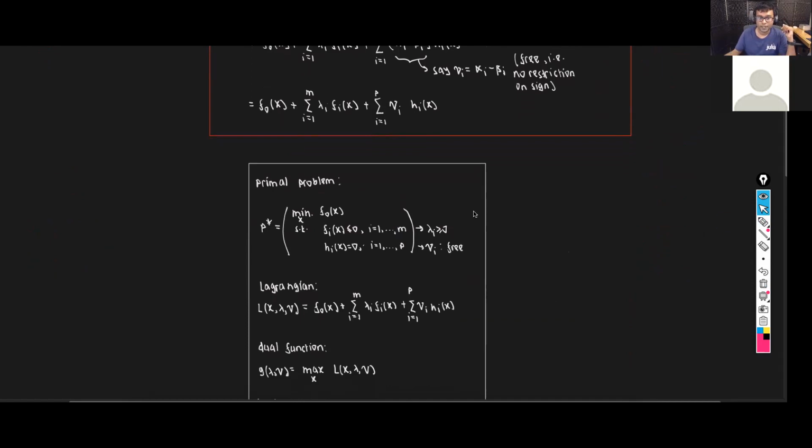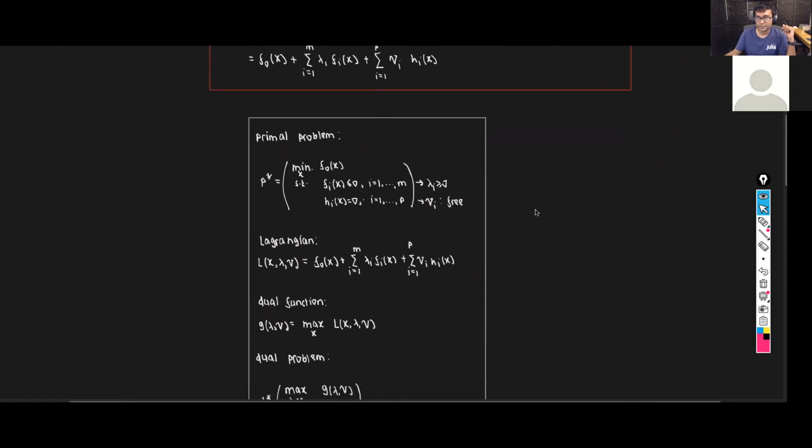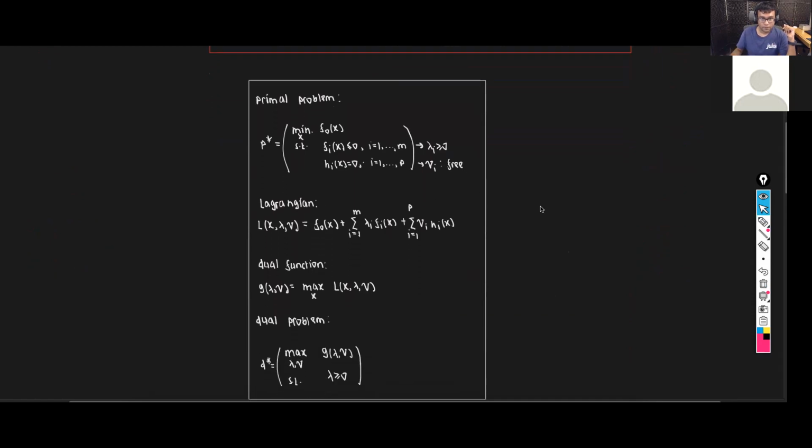And I just wanted to quickly discuss the recipe. So the primal problem, right? In this case, we are not going to rewrite the equality constraints. We will just define the inequality constraints. Again, we assign a positive dual multiplier, lambda_i, and for the equality constraint, we assign a free multiplier.